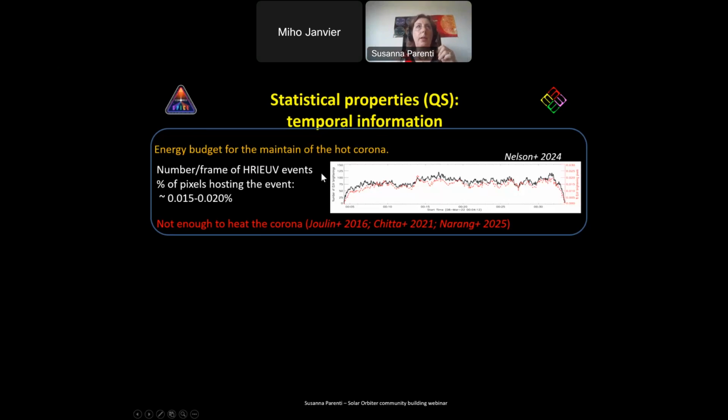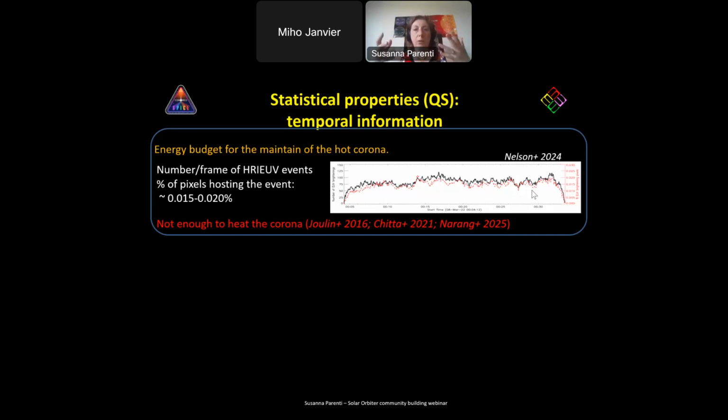So what you have here is, as a function of time, the number of pixels or number of events during the time sequence. This was done with IRIS in the quiet Sun by Nelson. And what you see is that the number doesn't change much over time. So you can say, okay, that can maintain the corona.